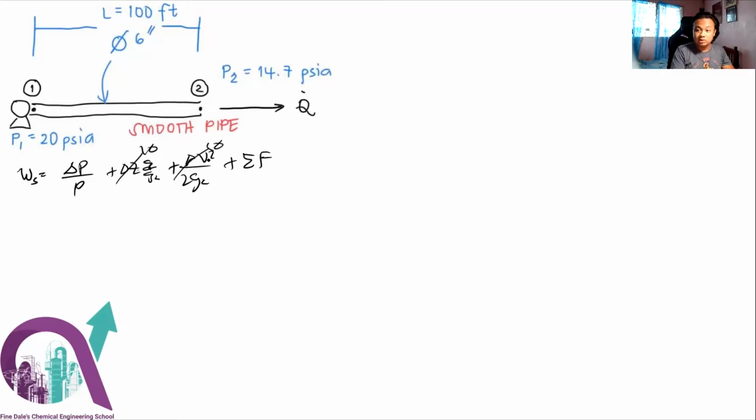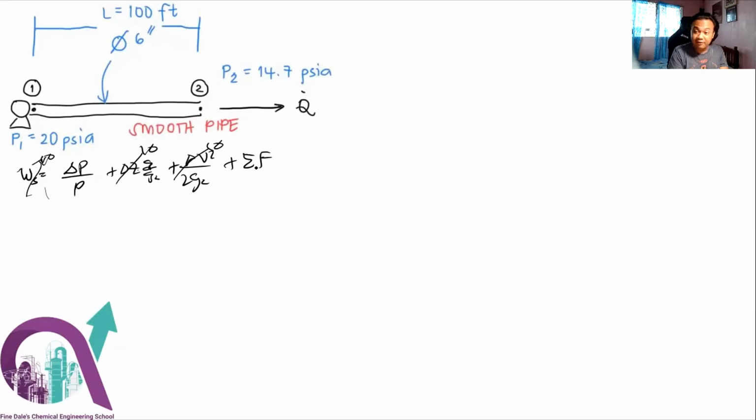Also 0 because there's no change in velocity and no change in elevation. That makes our life simple. Then let's put the reference point after the pump, so the pump is not included in the calculation, and the shaft work is also 0. This makes our life easier.